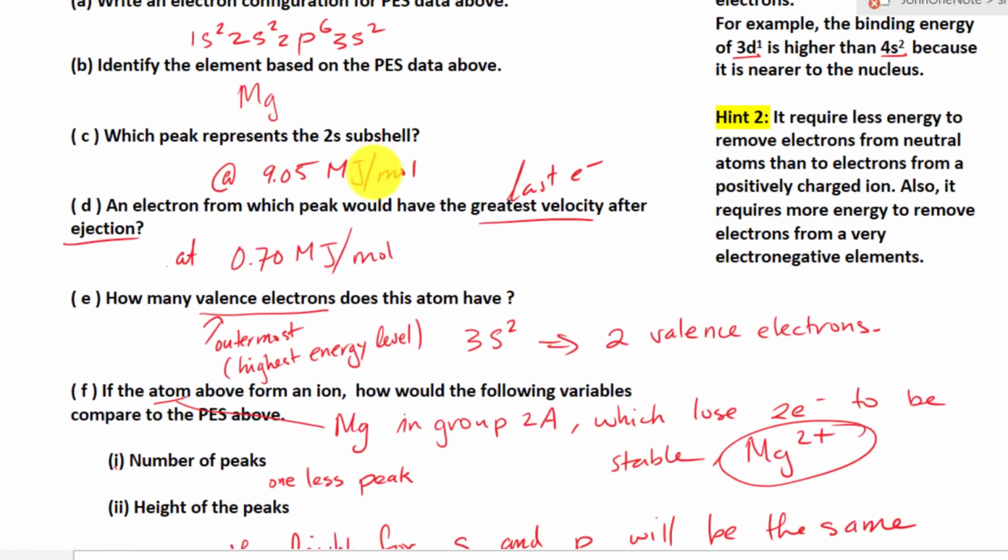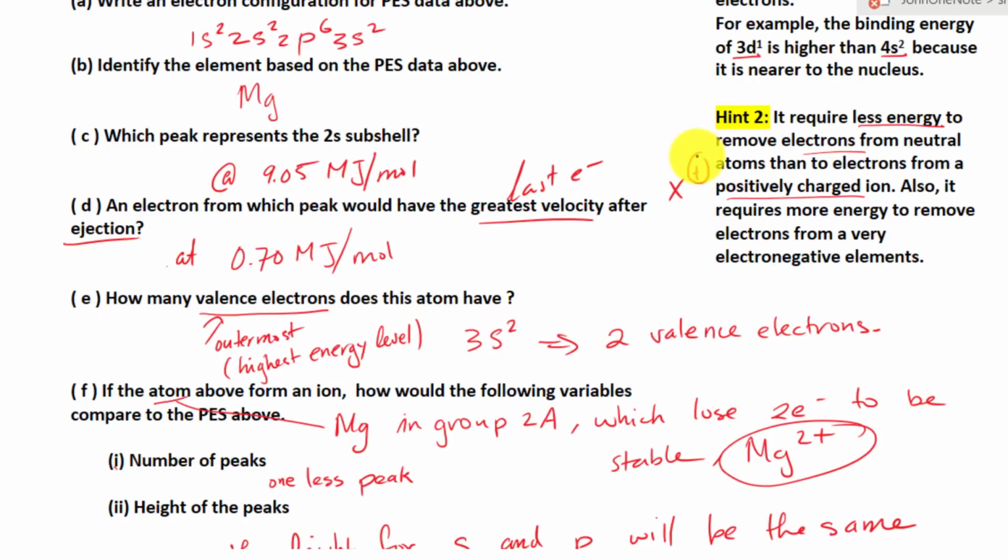Likewise, it requires less energy to remove an electron from a neutral atom than to remove an electron from a positively charged ion. If it's lost an electron already, the greater attraction of the nuclear force inside the atom will have a greater pull on the remaining electrons.